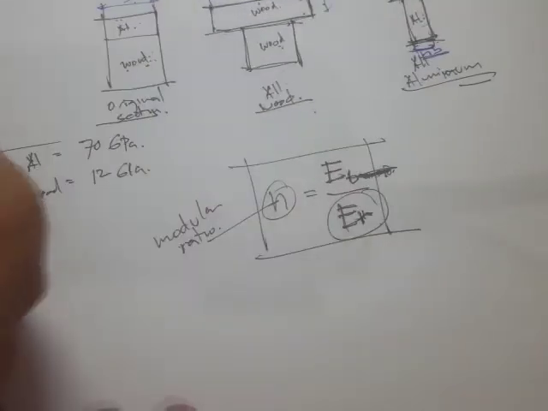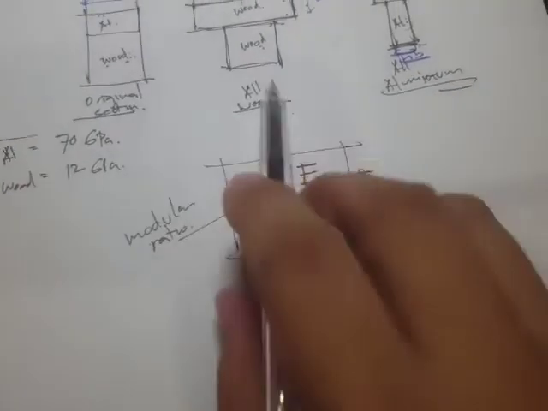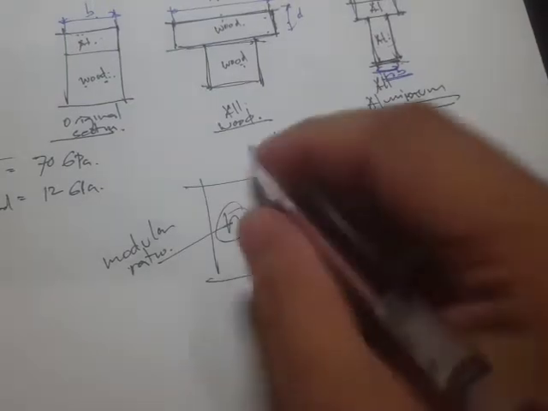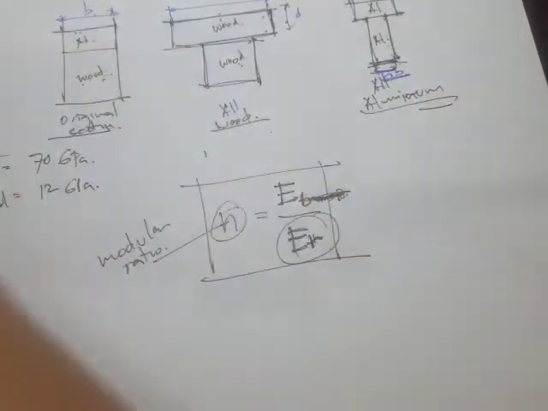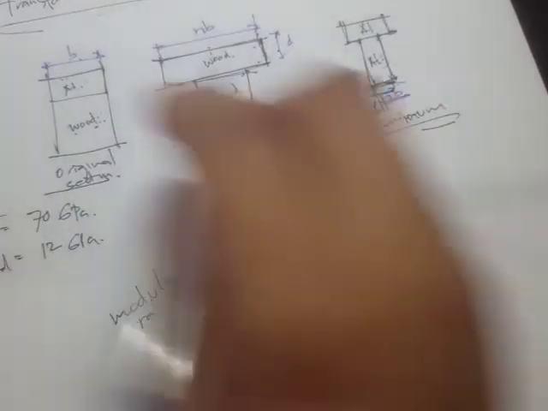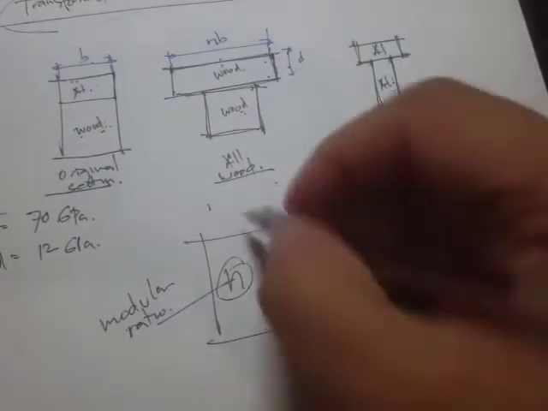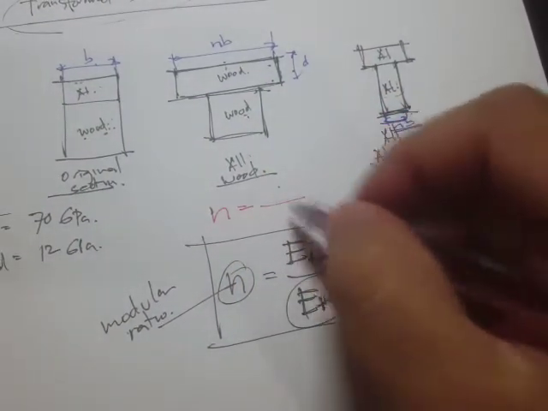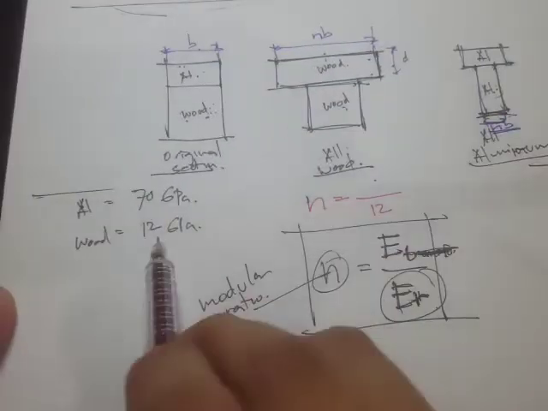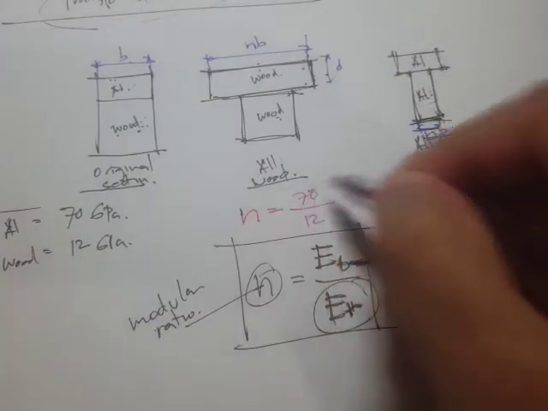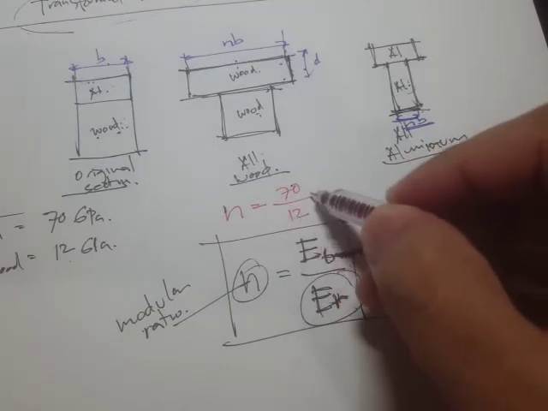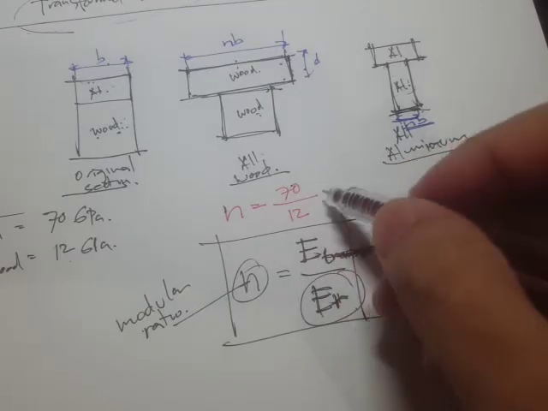Now let's check. For example, we know that the reference would be the wood, so this is 12. So right here, n1 is equal to, what's the reference material? This is 12 gigapascals divided by 70. So we have a numerator greater than the denominator, and that means that we have n greater than 1.